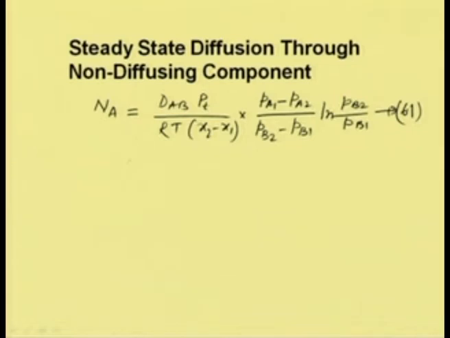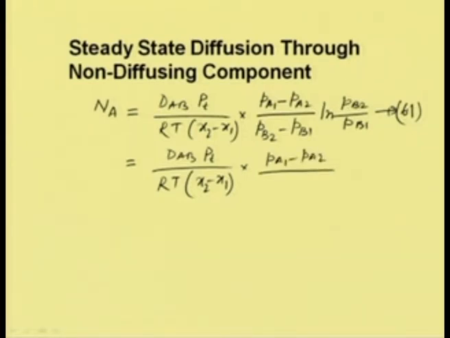Now, if we rearrange this equation, D_AB P_t divided by R T (x2 minus x1) into (P_A1 minus P_A2) divided by [(P_B2 minus P_B1) divided by ln (P_B2 by P_B1)].